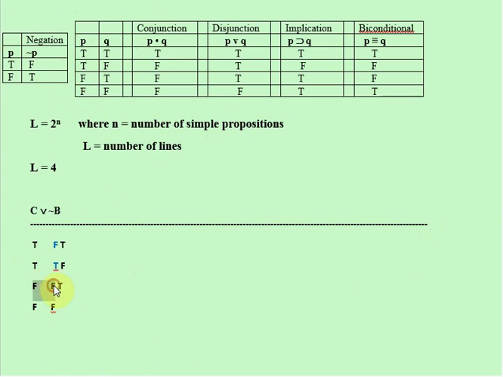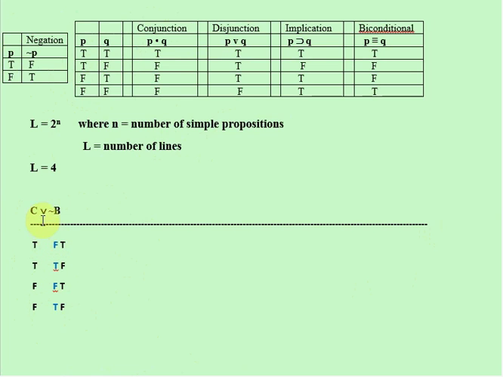And then our last line, we have B as false, so the opposite of that would be true. Okay, this is our value under the negation. F, T, F, T, right? Which is the opposite of T, F, T, F.